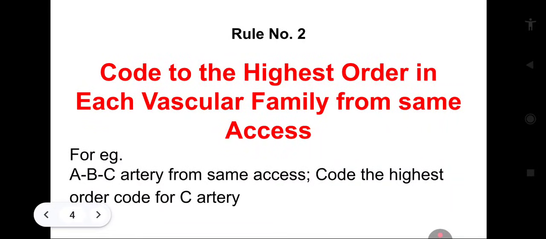We'll code the highest catheterization, the C artery. Only the highest order will be coded, and that should be from the same access. This is also very important: the catheter should be moving from the same access through different orders of catheterization. It should not come from other accesses.